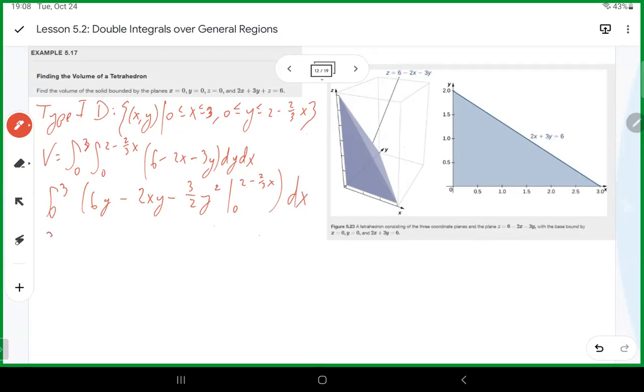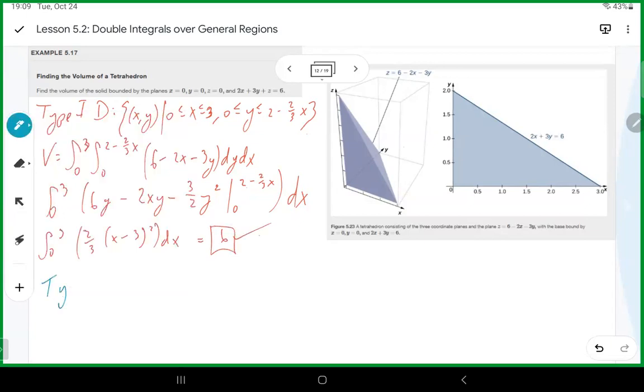Okay, so 0 to 3, 2/3 x minus 3 squared dx. So then if you work everything out, you end up with a 6.